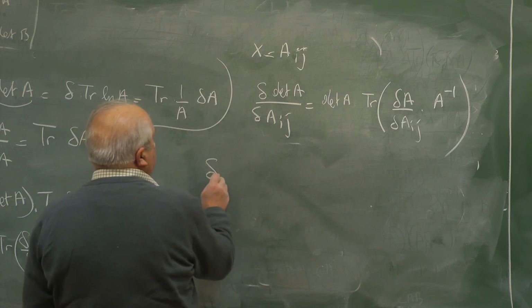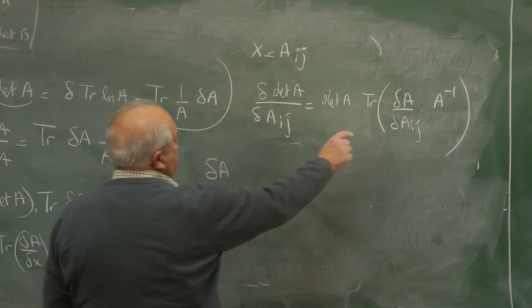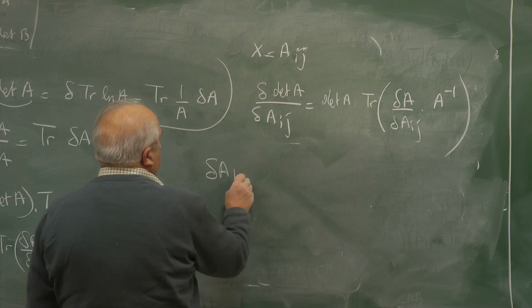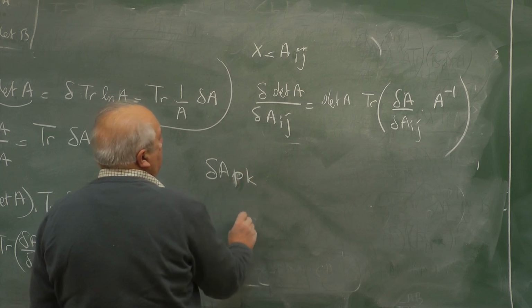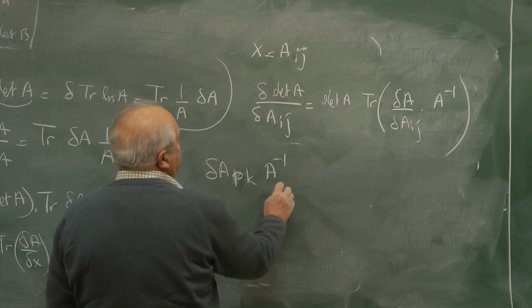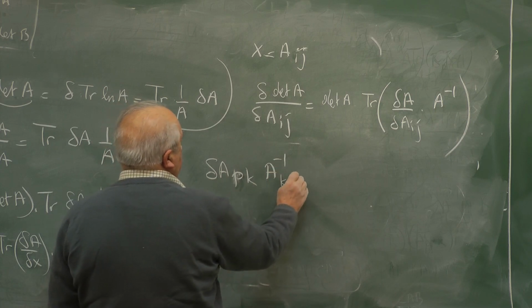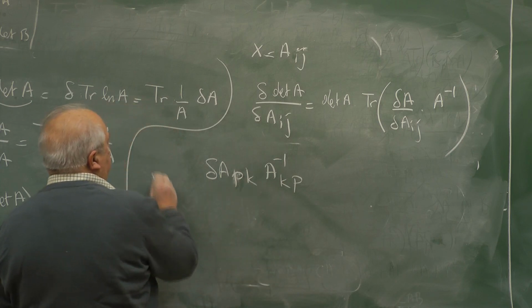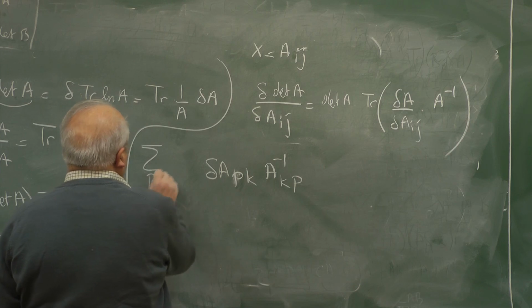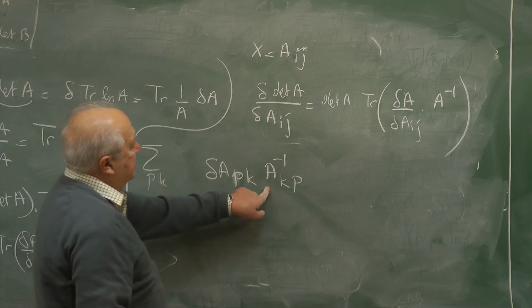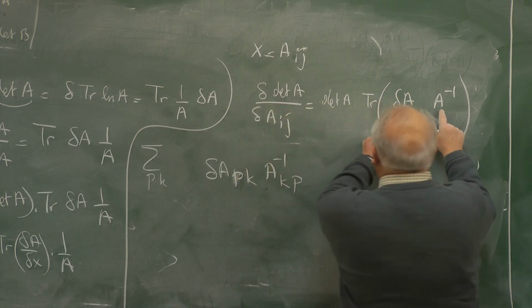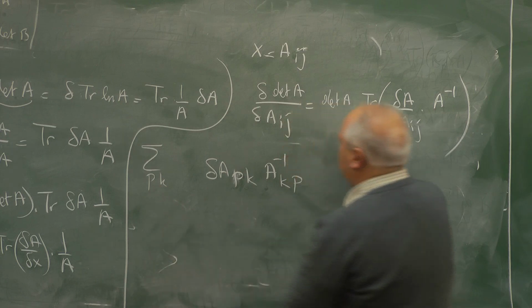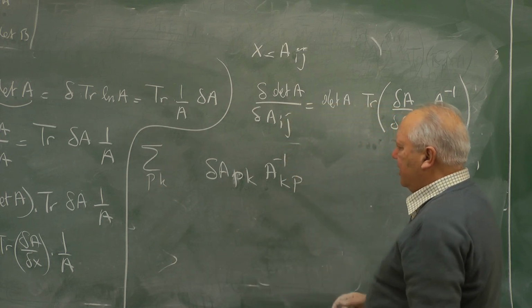So in the matrix product we have delta A pk and A minus 1 kp, and there's a sum over k and there is a sum over p. K sum is the matrix product of delta A with A minus 1, and P is for the trace. We are summing over the diagonal elements.